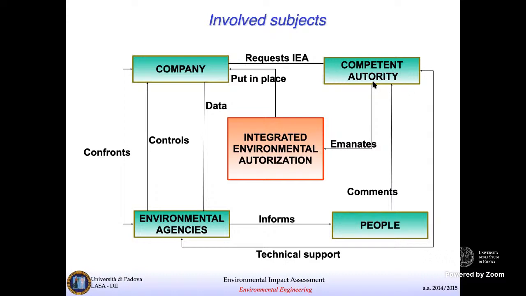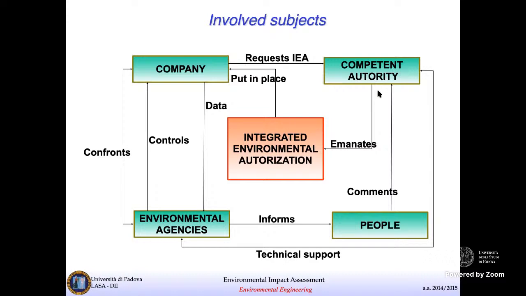The competent authority in Italy, according to Decree 152/2006, is the Commissione di Valutazione Impatto Ambientale, the Environmental Impact Assessment Commission, as stated by Decree Law 152. The competent authority is ready to receive comments from people.